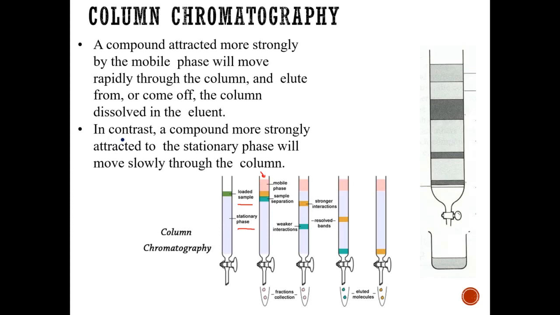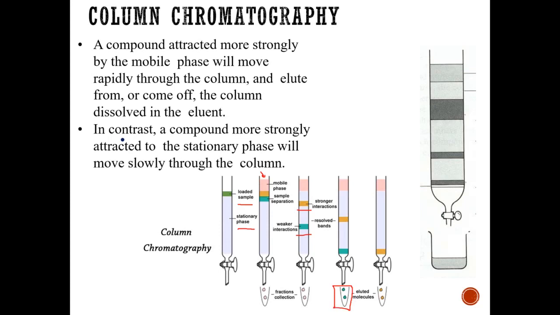Here we can see the orange band, which shows stronger interaction, and the green band, which shows weaker interaction. After some time we will see the green band, that means that sample compound, is eluted, and we will collect the sample into a conical flask, and it is separated.